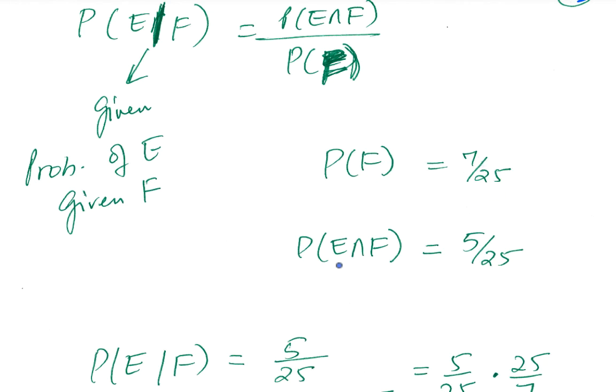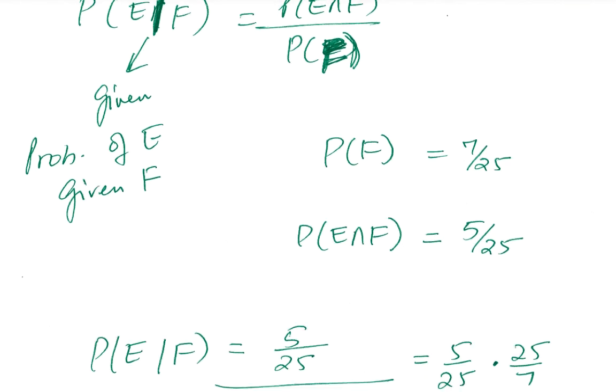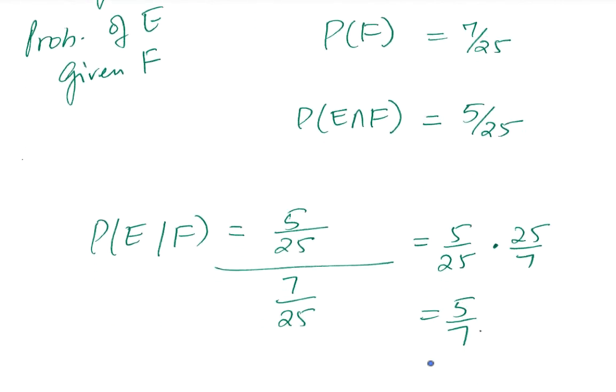The probability that it is from Company 1 and defective is 5 over 25. So when we plug in the numbers, we have 5 over 25 divided by 7 over 25. You flip the 7 over 25, the 25s cancel off, and you get 5 over 7. So here's the answer. Thank you, guys.